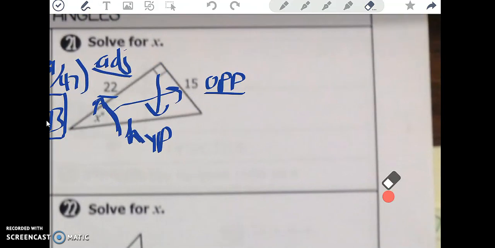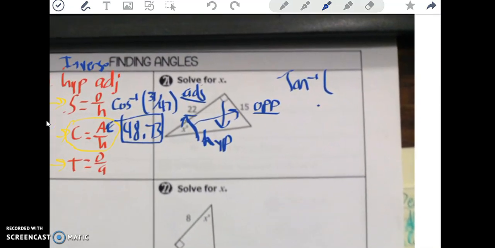So we use the tangent. And again, we're dealing with the inverse. So inverse tangent, if we look back, it's opposite over adjacent. So it's going to be 15 over 22, or divided by 22, however you want to do it.